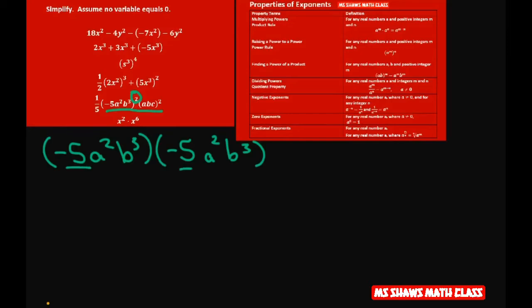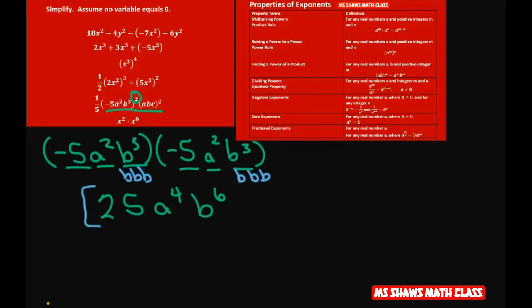So negative 5 times negative 5 is 25. X squared times x squared is x to the 4th. b cubed times b cubed is b to the 6th. Remember, this is just 3 b's times 3 b's. And we still have this 1/5 going on here.